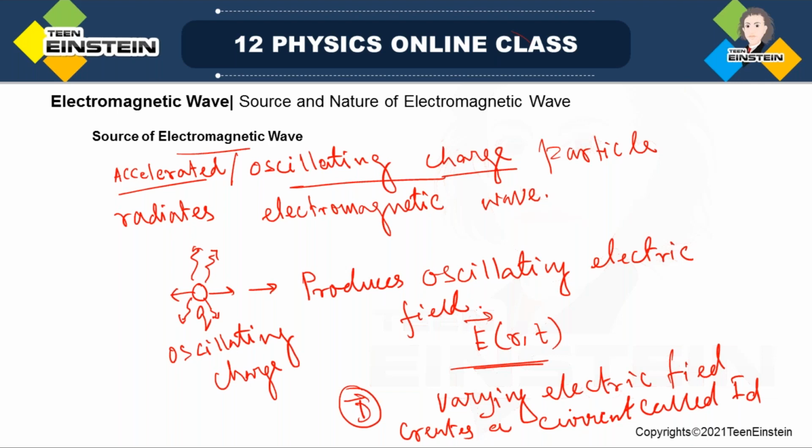I'll just explain once again. See, an oscillating or accelerated charged particle produces a varying electric field, which gives a displacement current.